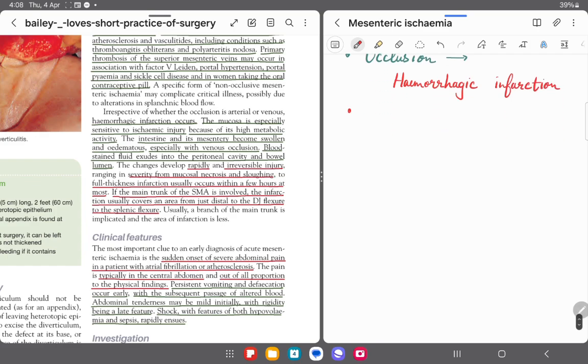There is usually bowel and mesenteric edema, and it is more with venous occlusion because of the decreased venous outflow. So blood-stained fluid exudes into the peritoneal cavity and bowel lumen.